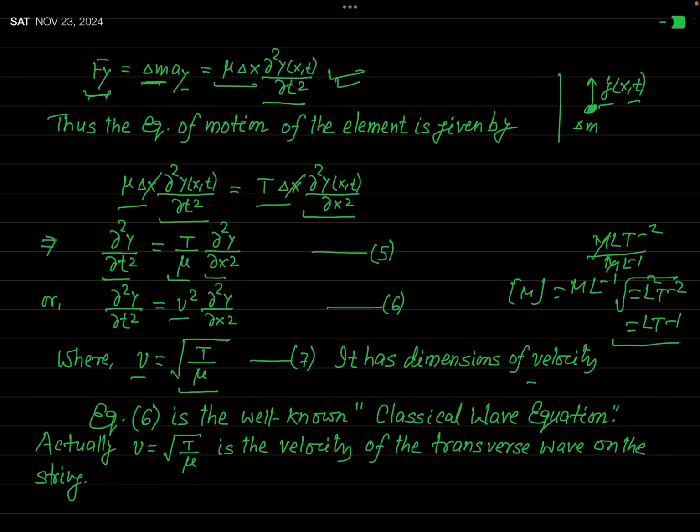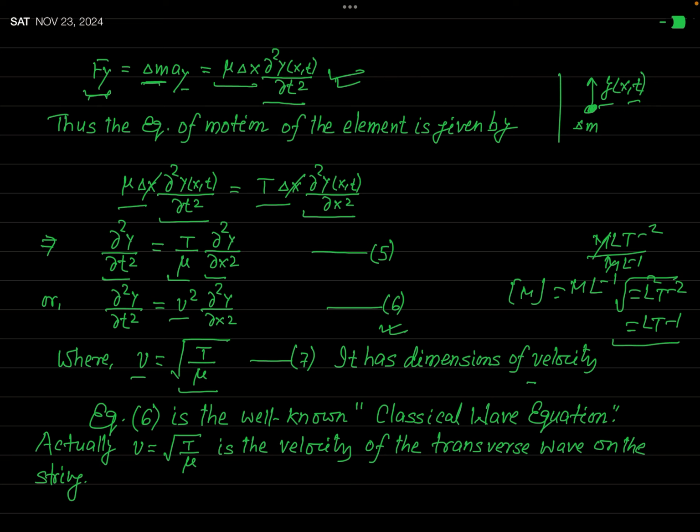When you study wave motion, I have already provided videos on the wave equation earlier, and you can see my playlist on waves and oscillation and watch that video. There you will find that this equation, equation number 6, is the well-known classical wave equation.